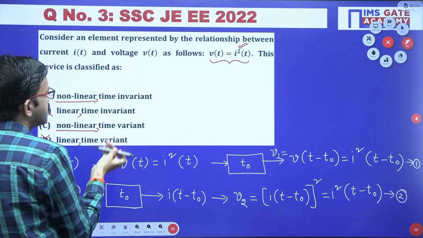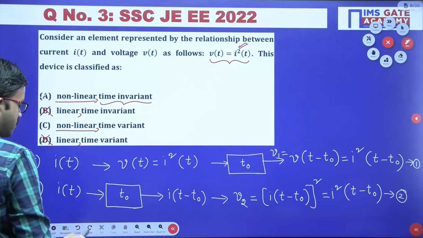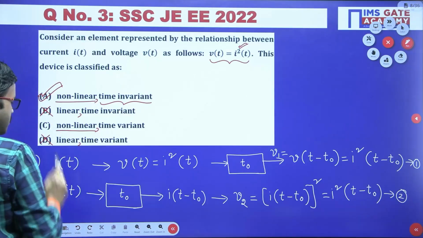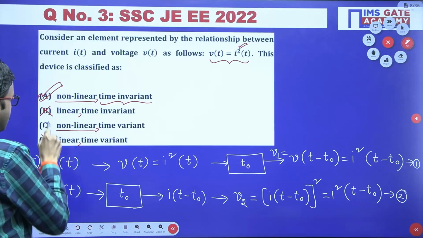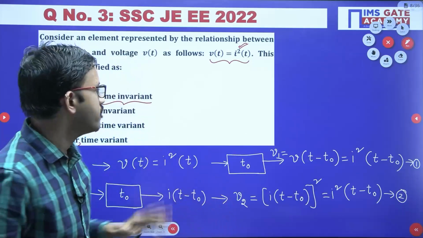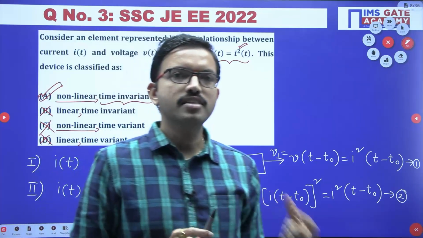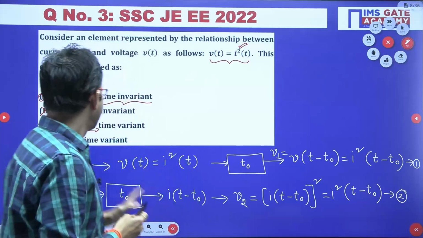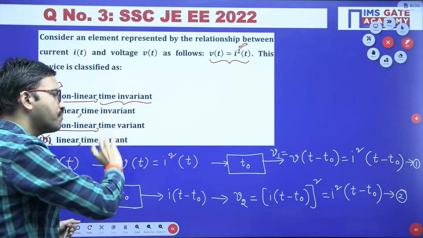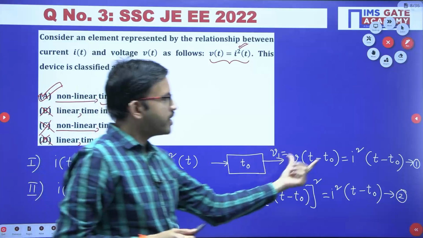So in this case the answer will be option A, time invariant. If these two are not the same, then it is time variant. I hope all of you are getting the clarity. Once again I am repeating, this is a very important concept, which you might have studied in signals and systems. You have the input, you apply it to a network or system, and whatever you get, you pass that output through a delay line; that is one case.